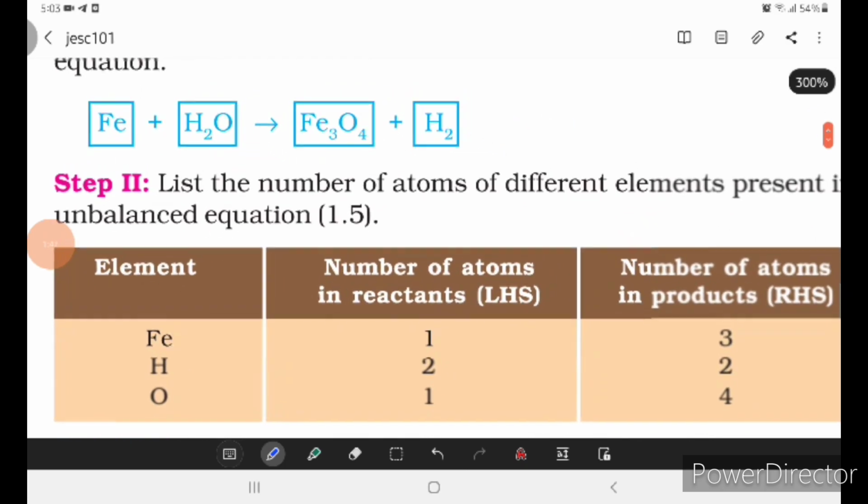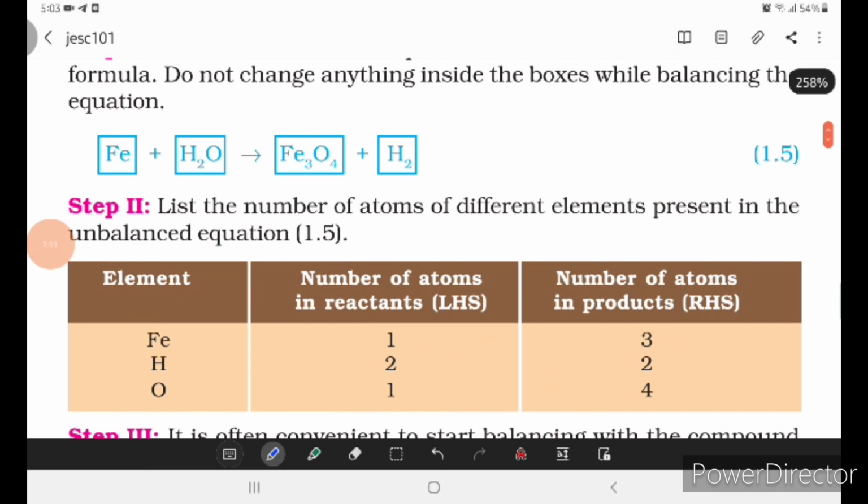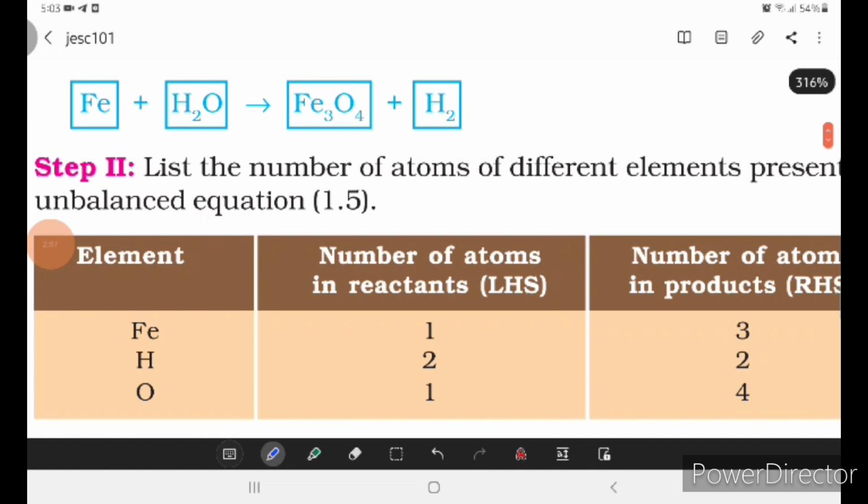Now the second step is to list the number of atoms of different elements present in the unbalanced equation. You can call it an unbalanced equation, or you can even call it a skeletal equation. Now on the left hand side and on the right hand side, let's write the number of atoms. Let's compare it with this table as well.